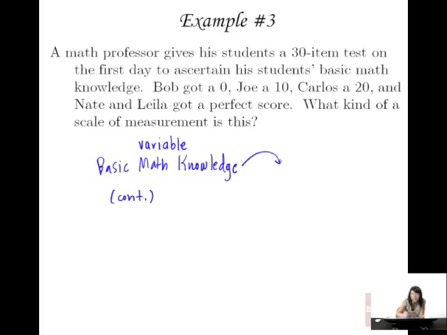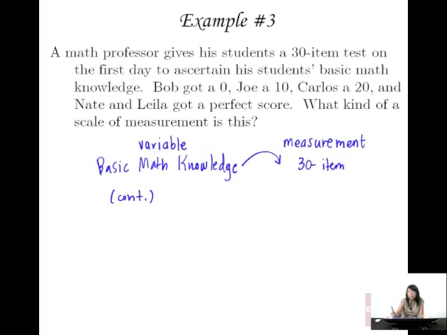But in order to get the values for this variable, he used a certain kind of measurement. And the measurement tool he used was this 30-item test, right? So the 30-item test, what kind of measurement scale is this on?